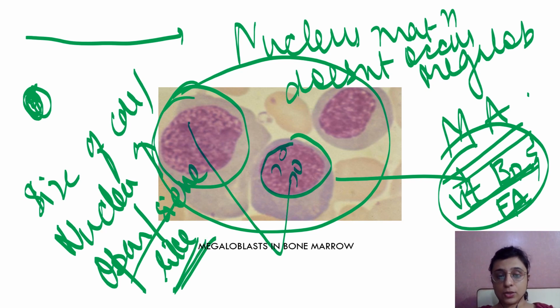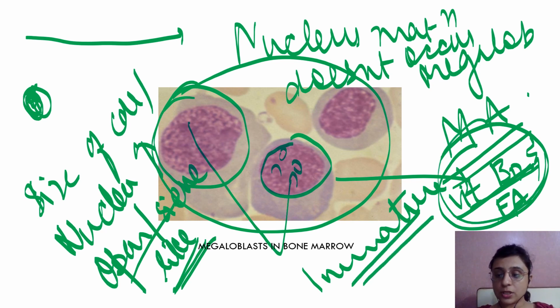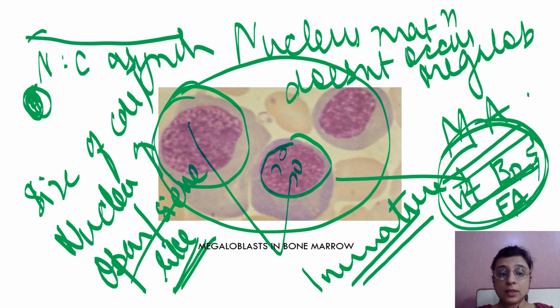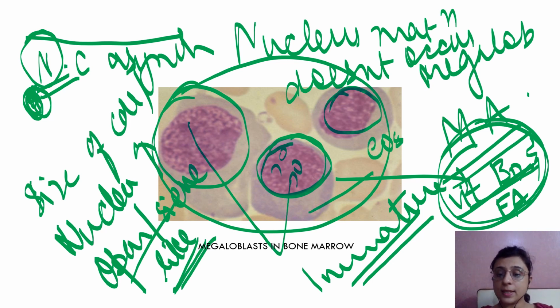So the size of the nucleus is large, the chromatin is very open or sieve like, that means these are immature nuclei. Due to deficiency of vitamin B12 and folic acid, there is nucleus to cytoplasmic asynchrony. That means the nucleus is not able to mature as the cytoplasm. So we can see the nucleus size is very large and it has open sieve like chromatin, but the cytoplasm is almost mature and there is somewhat eosinophilia seen in the cytoplasm.